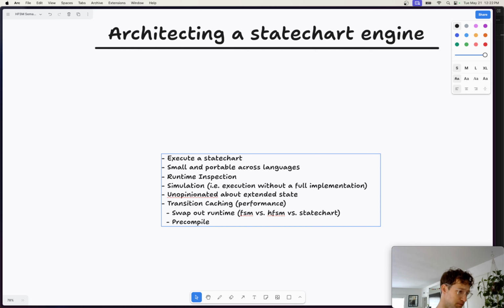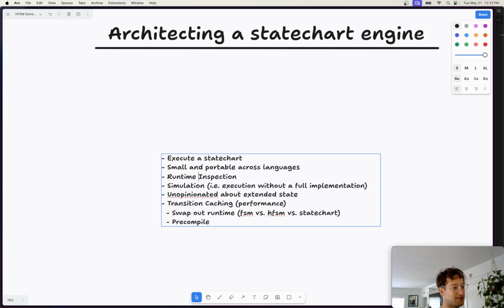Or can we swap out the runtime that's powering the core semantics of the state chart? Maybe we can detect this is just a finite state machine, and use a smaller and quicker set of semantics to execute that, as opposed to a full-blown state chart. Maybe we could detect these things at compile time, and then swap out the associated runtime.